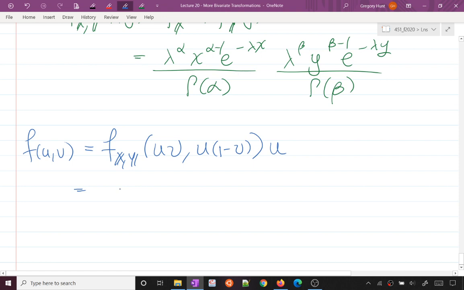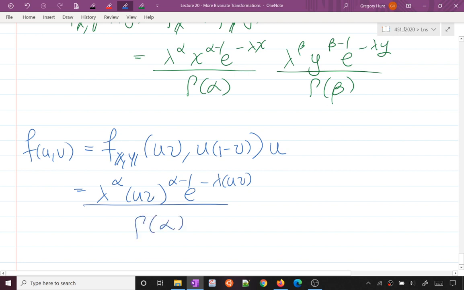And plugging them in, this gives us lambda to the alpha, uv to the alpha minus 1, e to the negative lambda uv, gamma of alpha in the basement.